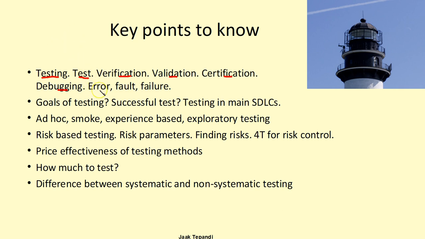Error, fault, and failure, they are used in different settings. They are used in a different way. But one way to use them is that somebody makes an error. This is human behavior, which is not correct.